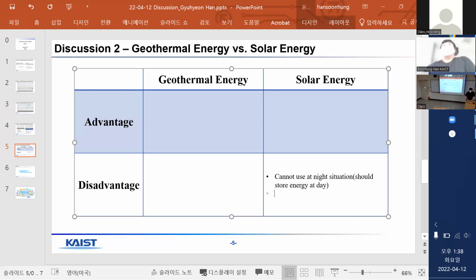Also, one of the advantages of solar energy is the ease of installation. You can produce solar panels in a factory and just bring them on site and install them quickly, compared to geothermal energy, where you need to dig a well or drill and things like that.